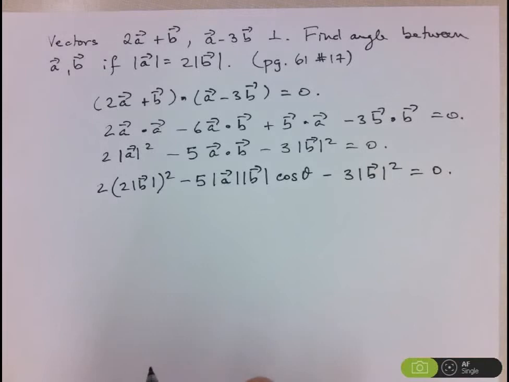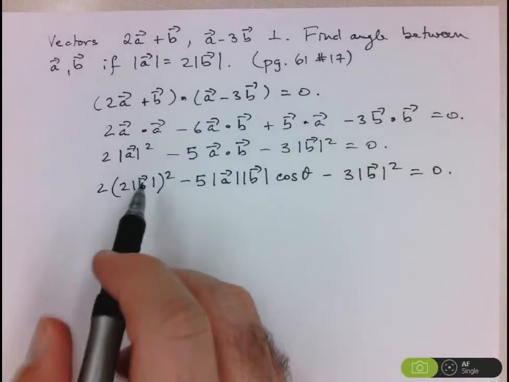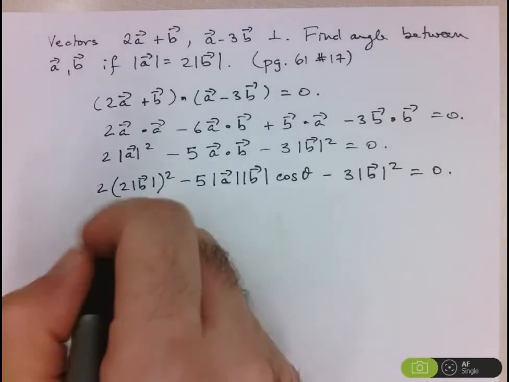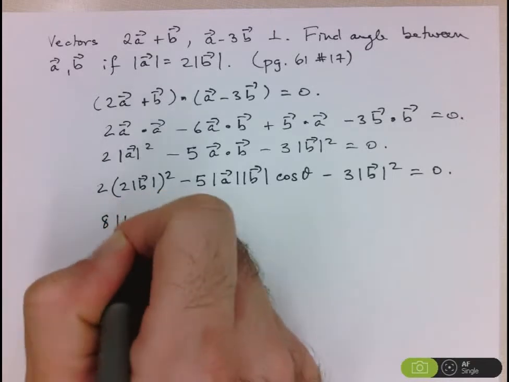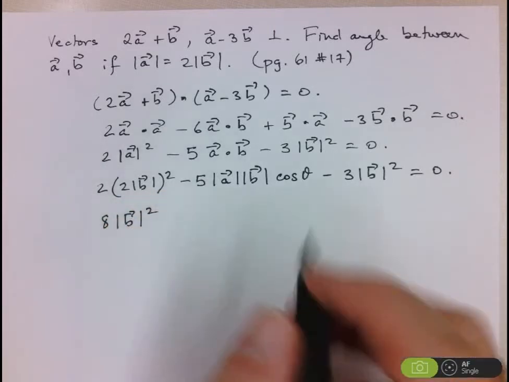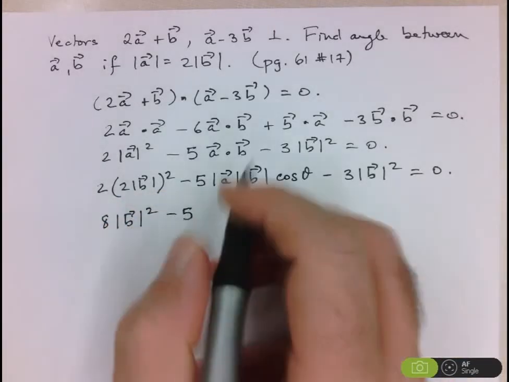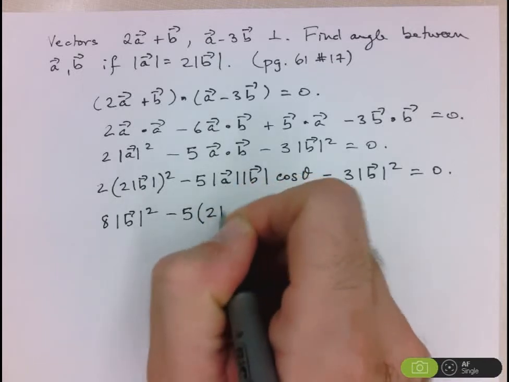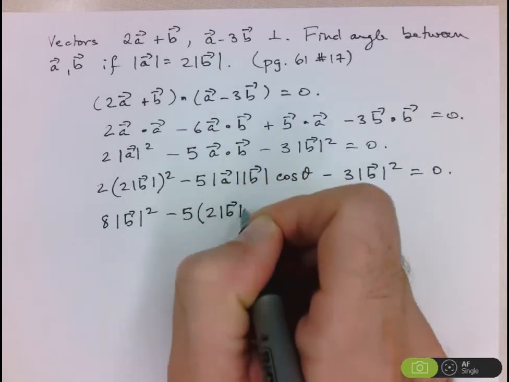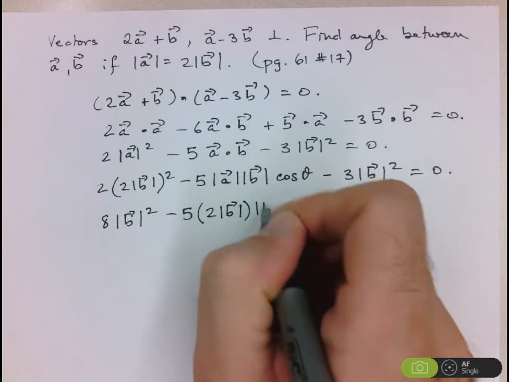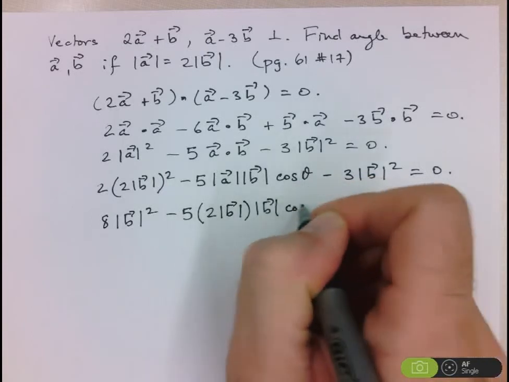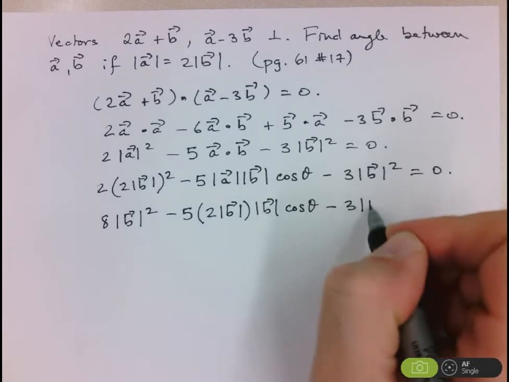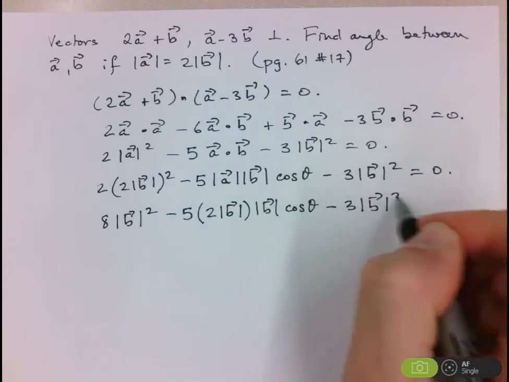So if we simplify this, this ends up being 4b squared times 2. So here I've got 8 times the magnitude of b squared. Here 5 times, well, remember the magnitude of a is just 2 times the magnitude of b, magnitude of b cos theta, and then here again minus 3 magnitude of b squared.